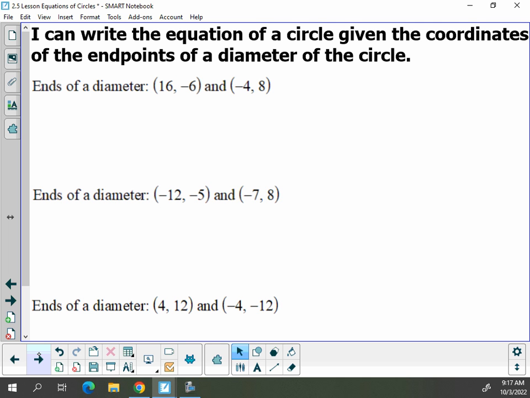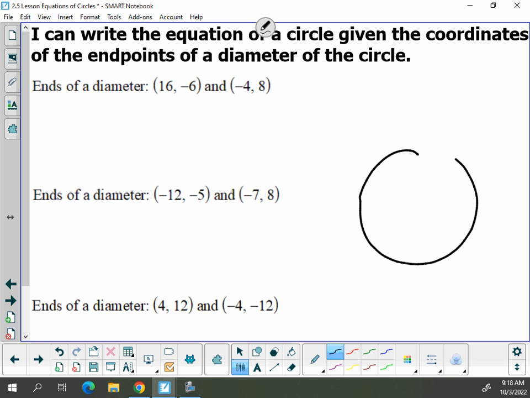The last way that we can get to the equation of a circle is we can use the endpoints of a diameter. So we talked about a circle having a center, and the radius was how long it was to get from the center to a point on the circle. Well, if we double that length, and we get this segment that goes all the way across through the center of the circle to the other side, that is called a diameter.